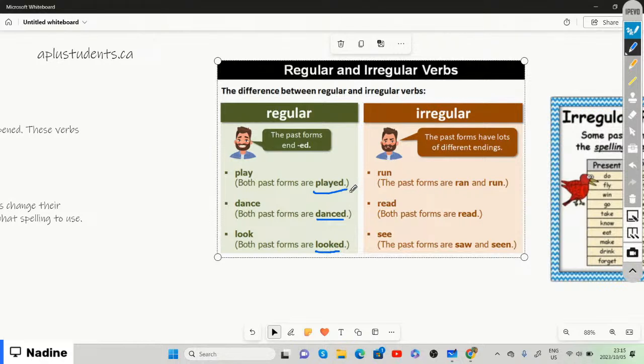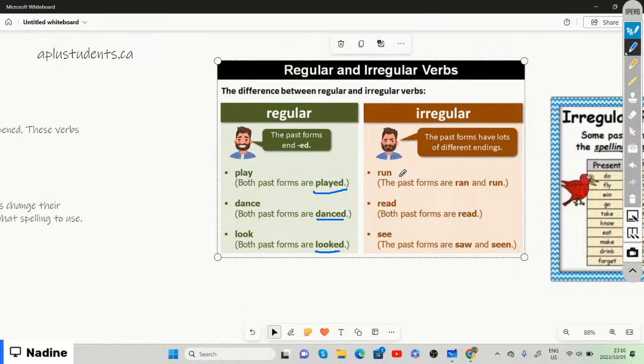But now with irregular past tense, remember we said that the spelling of the word changes. So with irregular past tense, the past forms have lots of different endings. Remember, you are just going to have to know which one it is. For example, we have run.